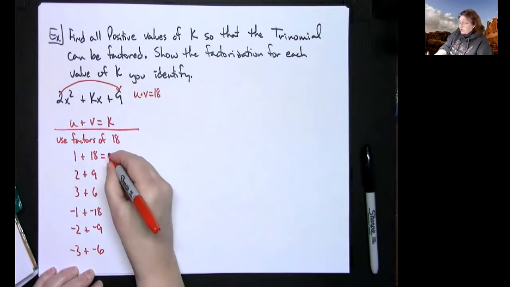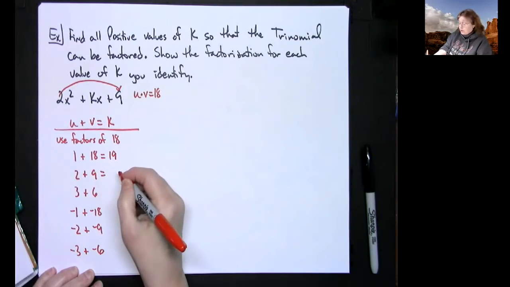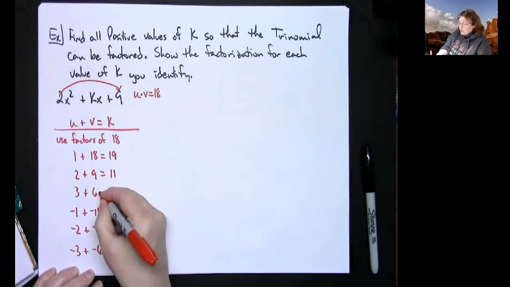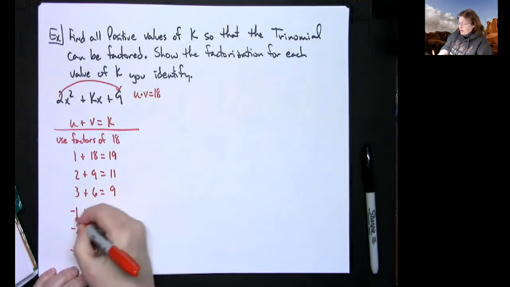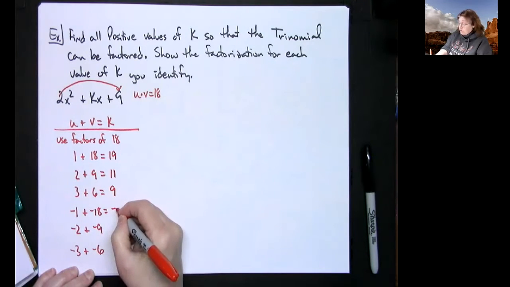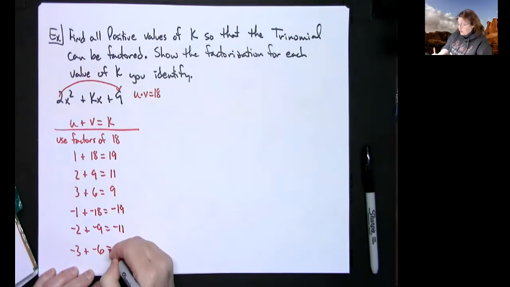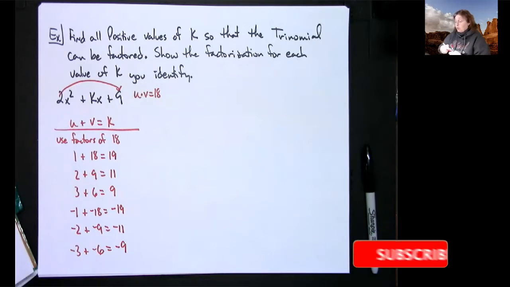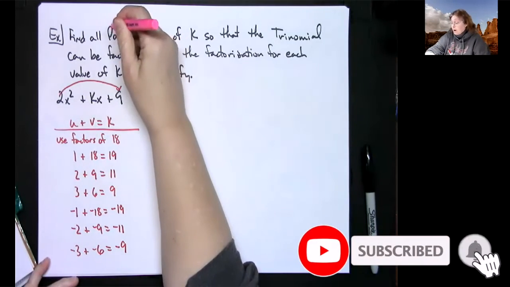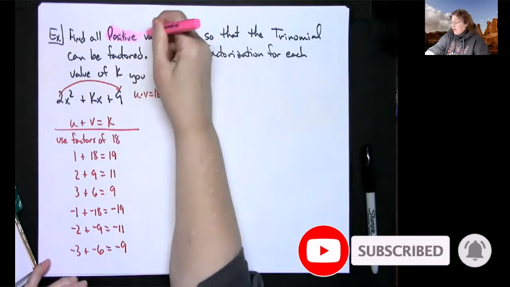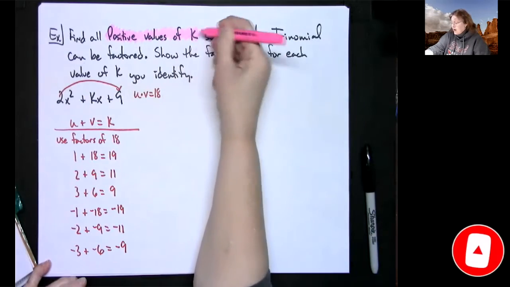Now when I add going across, I get 19, 11, and 9. Here I get -19, here -11, and here -9.